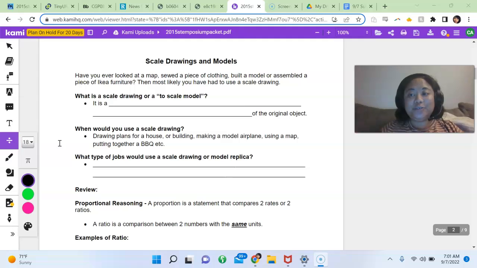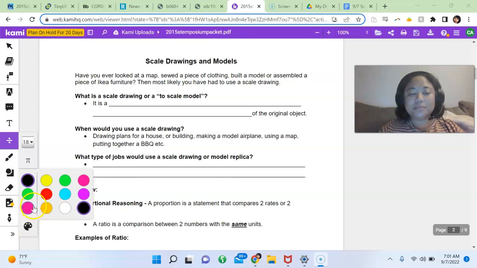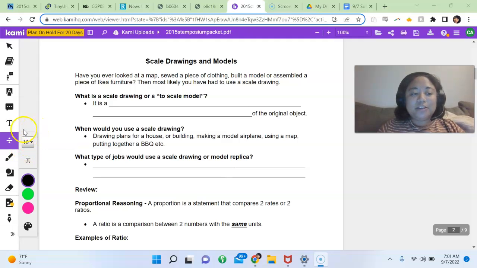Okay, so what did you think was the definition of a scale drawing or a scale model?